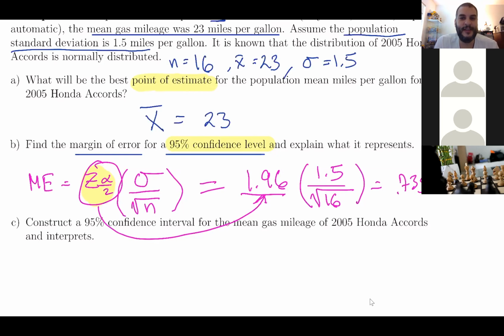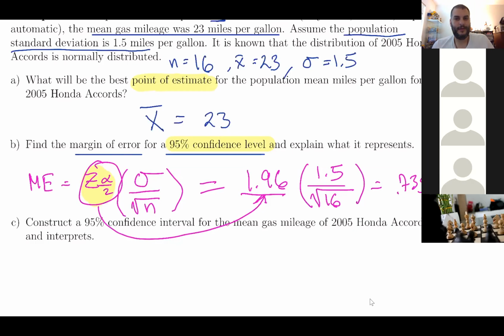So we could be 0.735 miles away from the point estimate and still be considered correct. As long as our population mean is within 0.735 of the 23 miles per gallon, we should still be considered correct. But that's it for B. Any question in regard to B?